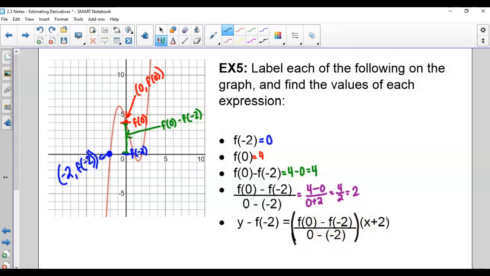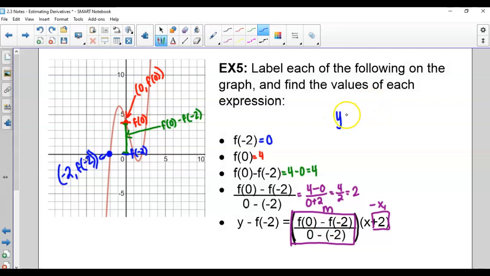And actually, the way that I taught you guys point slope is a little different than you see here, but we can recognize this part right here as our slope. And we can recognize right here that this is our x1. It's minus x1 actually.